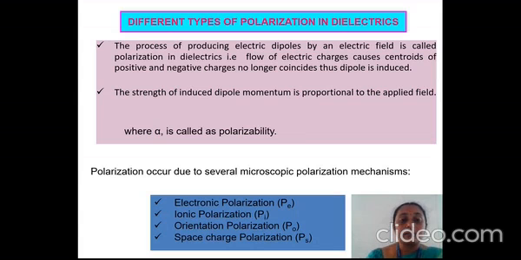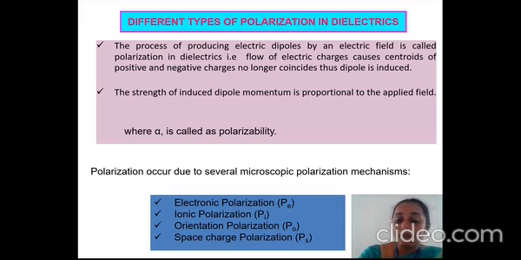The next one is different types of polarization in dielectrics. What is polarization? When a dielectric material is placed in an electric field, due to the flow of electric charges, the centroids of the positive nucleus and negative electron no longer coincide.